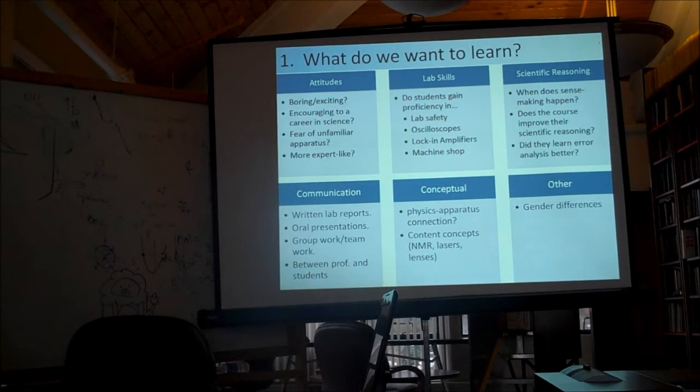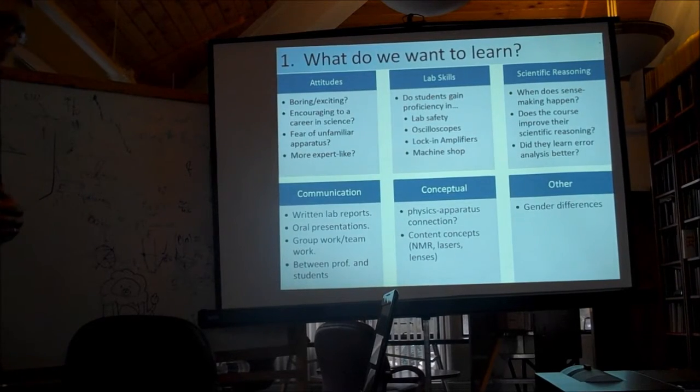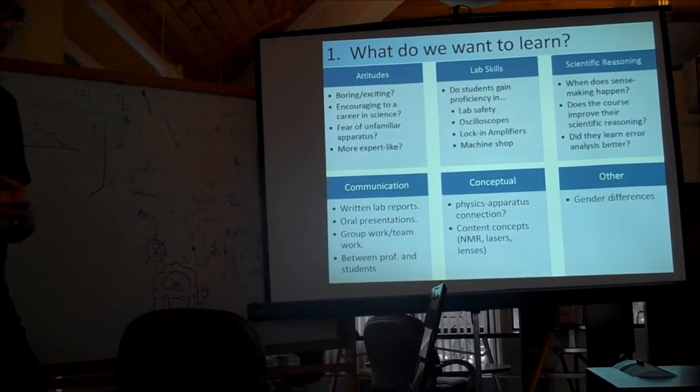Just like another kind of objective of the lab course, which I think will remain even though we don't have official learning goals, is just lab skills. Like, how effective are they using a multimeter or an oscilloscope or something? Is there any easy way to measure that? Scientific reasoning.